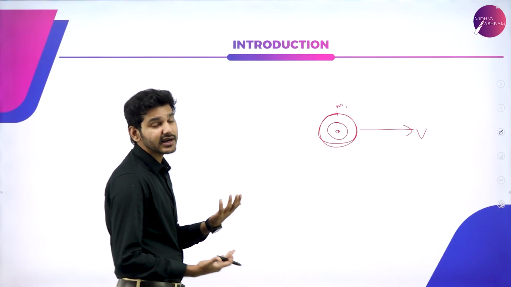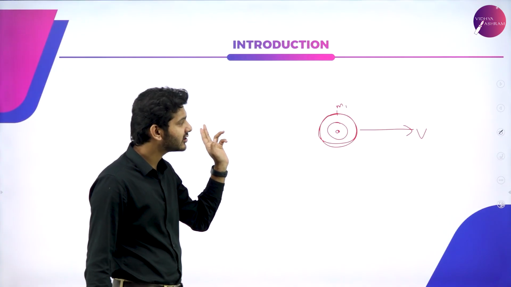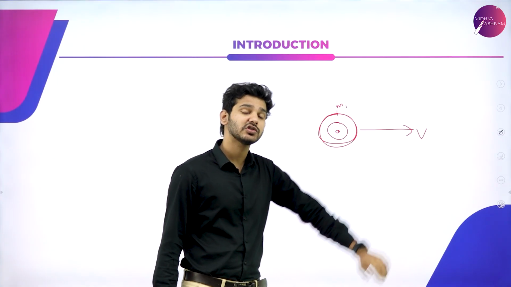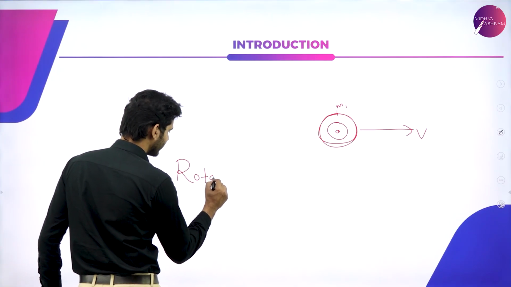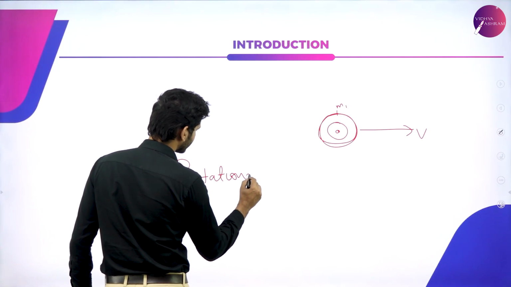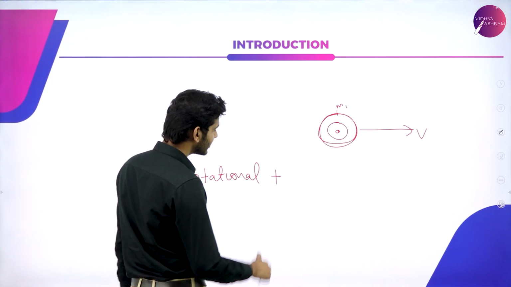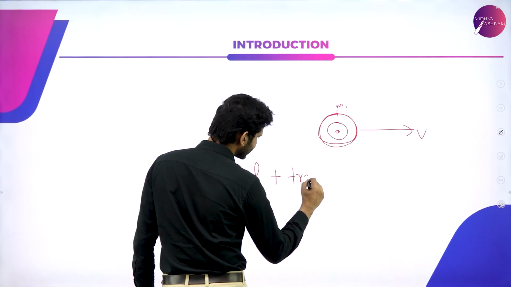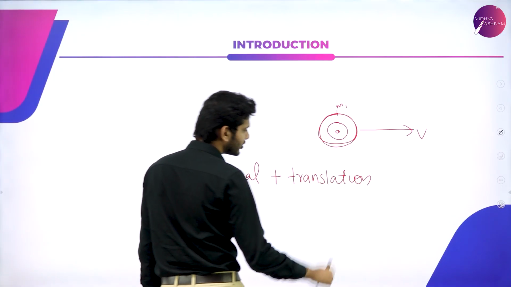But for a car, it is not just rotational motion, but rather it is also linear motion. So we can say that rotational motion plus linear motion, that is rotation plus translation motion.